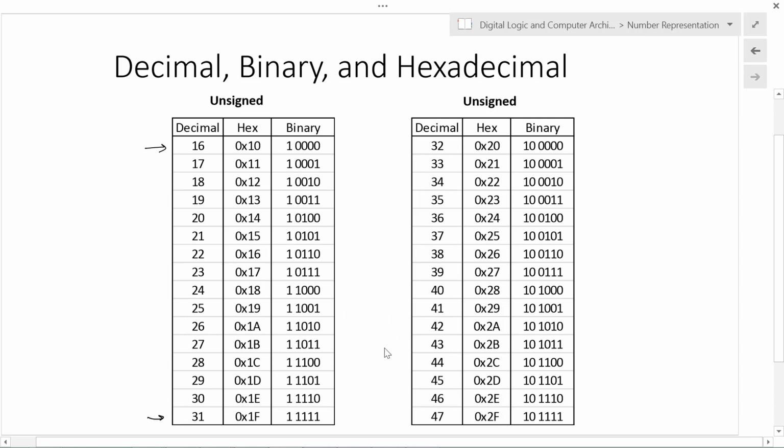And if we want to represent 6 bits, we can go 20 in hex to 2F for 6-bit numbers. And this is a quick introduction to decimal, binary, and hexadecimal numbers for computers.